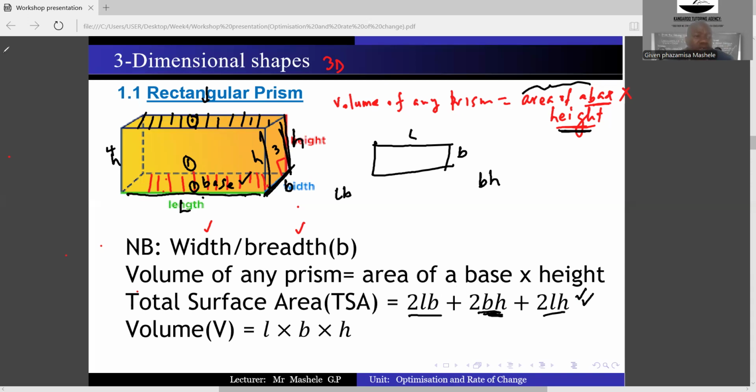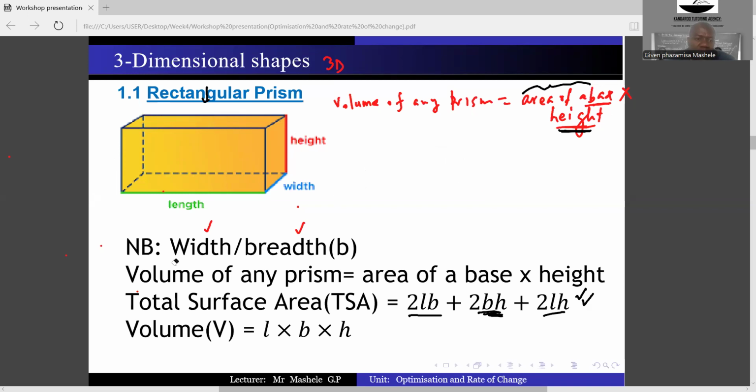So it's very important for you to know the formula, actually, to understand how to determine the surface area and the volume of a shape. Here I want to talk about how to calculate the volume of a rectangular prism, which is a box or a container made up of rectangles.